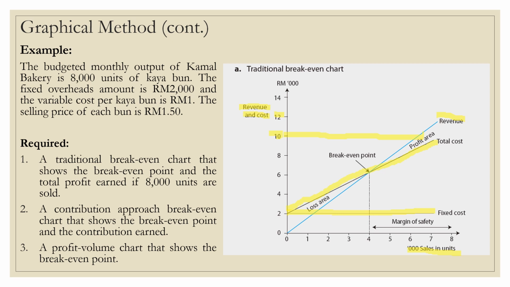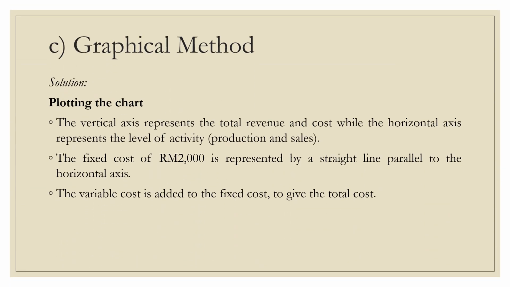So this is the break-even point of producing 4,000 units, which balances against the 8,000 units.